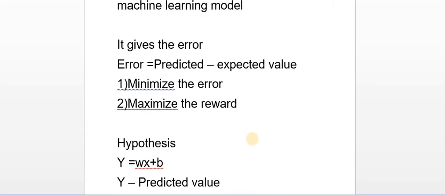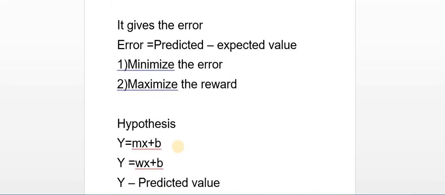We usually write it as y is equal to mx plus b. This is what I have written as wx plus b. Both are the same. For a straight line, m is the slope and b is the y-intercept.